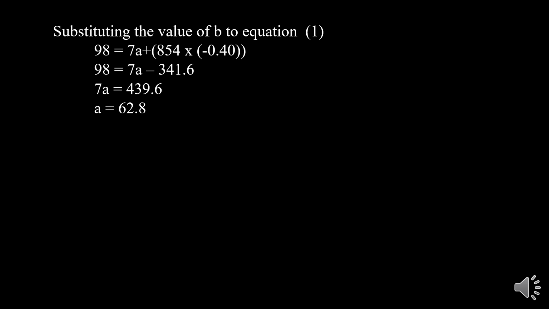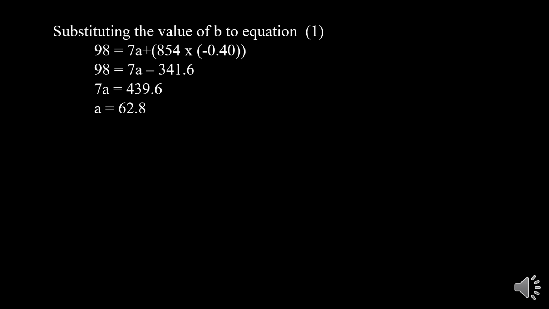Substituting the value of b into equation number 1: 98 = 7a + 854 into minus 0.40. When you do the calculation, the next step comes like this: 98 = 7a minus 341.6.